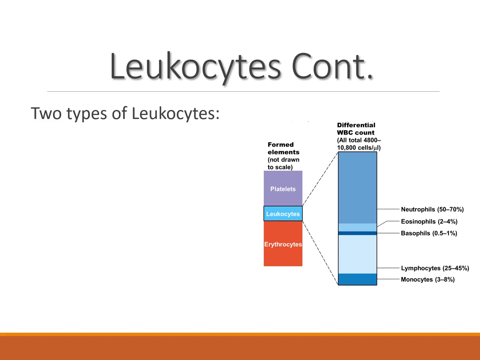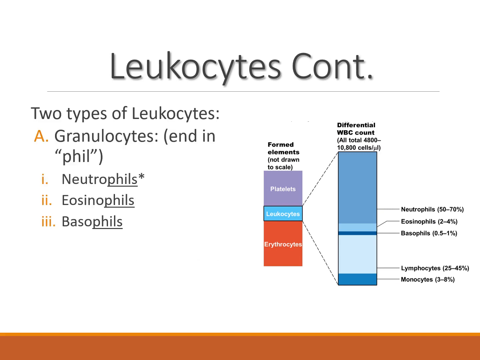So what are the different types of leukocytes? We have 5 total types of leukocytes, but we can group them into 2 categories. Our first category is called a granulocyte. And these guys all end in "-phil", so that's how you can remember that it's a granulocyte.